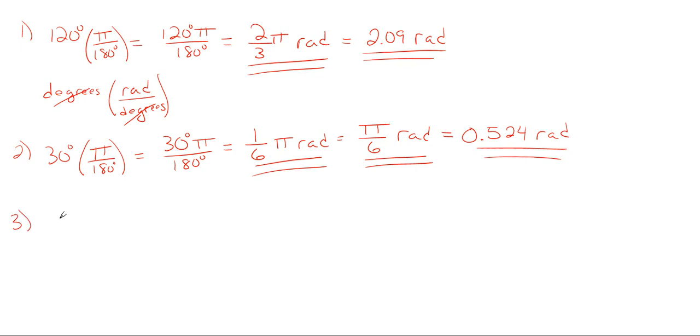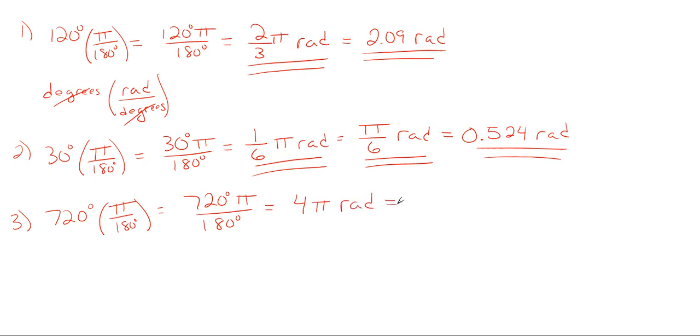The last one we have is a large value of 720 degrees. It doesn't matter what the degree value is, if it's small or large, converting into radians is done exactly the same way. We're going to multiply by pi over 180 degrees. So we have 720 times pi divided by 180 degrees. 720 divided by 180 gives us exactly 4, and then the pi is left over, radians.